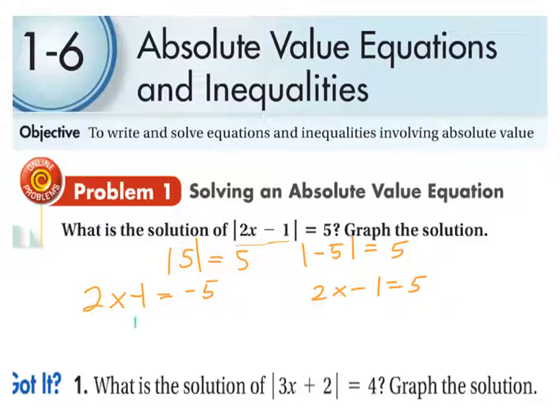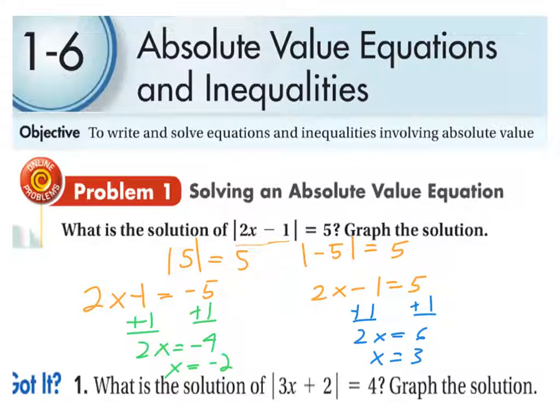Now we go about solving these equations just like normal. We get 2x equals negative 4, and so we divide by 2, we get x equals negative 2. Here we add the 1, we get 2x equals 6, so x equals 3. So those are the two solutions for this equation.